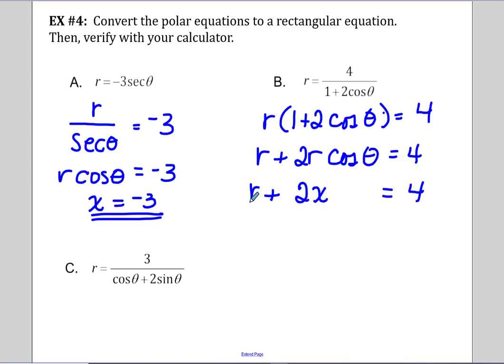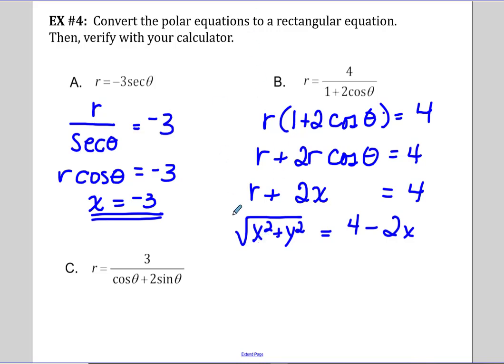And then r can be represented by the square root of x squared plus y squared. Let's subtract this, and we'll get 4 minus 2x. And then I want to solve for y in terms of x.